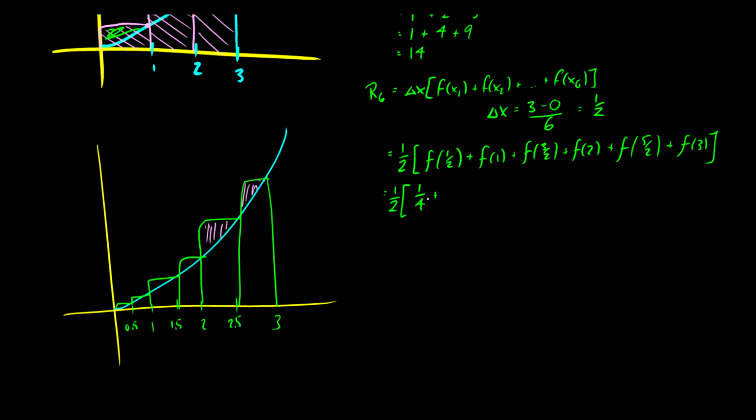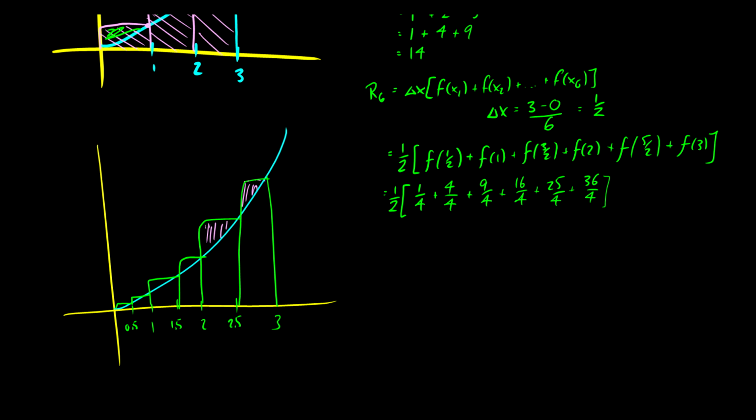And when we take 1 squared, we're going to rewrite that as 2/2 and then square it, so we'll get 4/4. 3/2 squared is going to be 9/4. 2 squared is going to be 16/4. 5/2 will be 25/4. And 3 squared, which is 6/2 squared, will be 36/4.